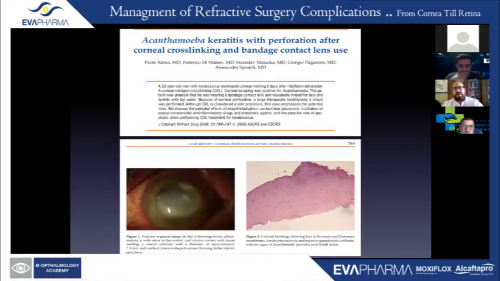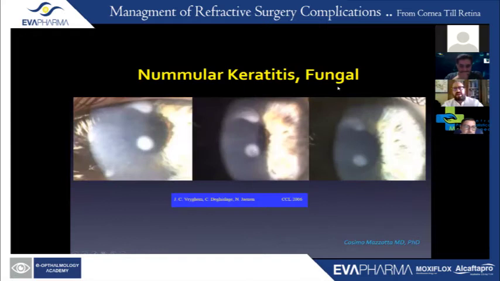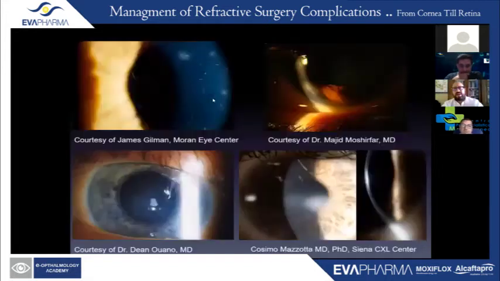And we may have epithelial defects such as erosions or ulcers after cross-linking, and you need to always suspect an infectious origin from contact lens, from hygiene, and from ocular surface problems. We may also have nummular keratitis, mostly of fungal origin, Candida, Aspergillus, and also Fusarium, and a wide range of sterile infiltrates.